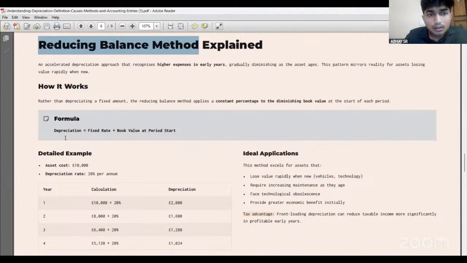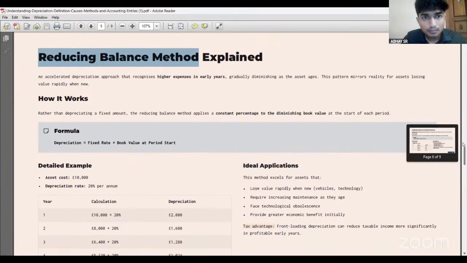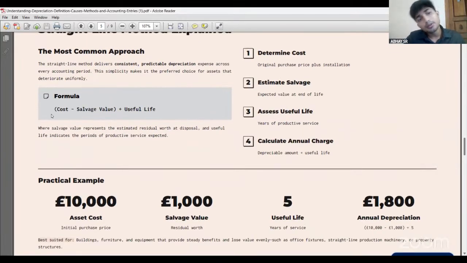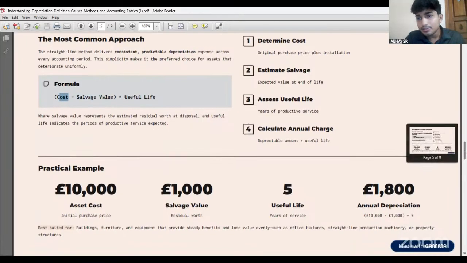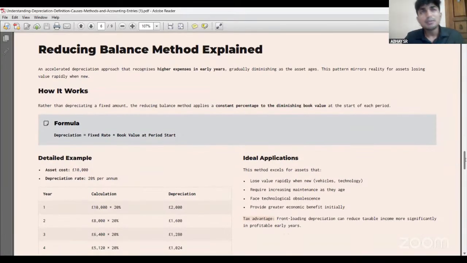What we should understand is in straight line method, they would give the cost, salvage value, and useful life. In reducing balance method, they would just give us the cost. Sometimes even useful life would be given. But if a fixed rate of depreciation is given like this, we must follow reducing balance method.